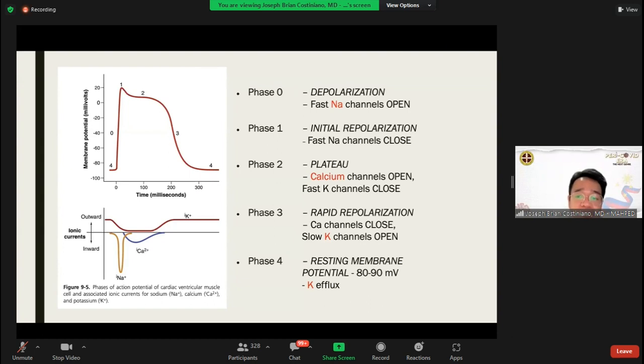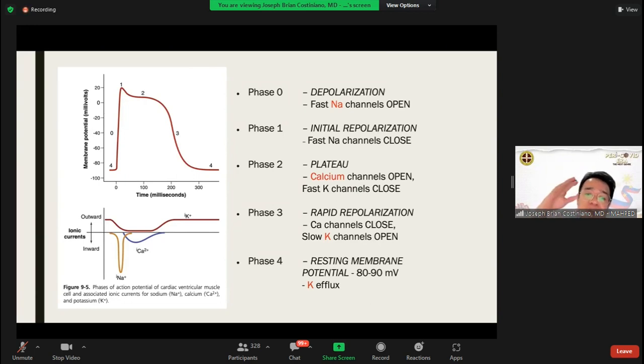In phase 3, or the rapid repolarization phase, your slow potassium channels open and your calcium channels begin to close. The closure of calcium channels reduces the inward ionic current, thus pushing the potential to the negative side.